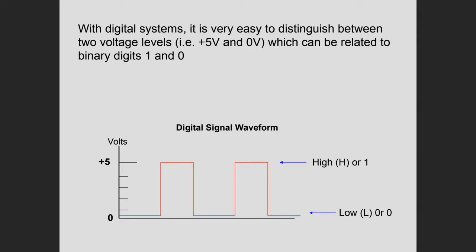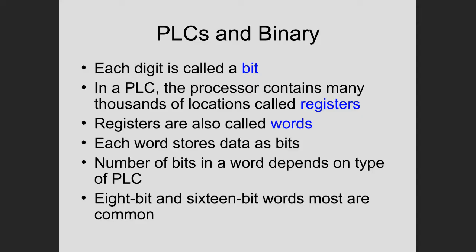This is an example of a waveform. So it's easy to represent a 1 or a 0 in binary using what we call two-state electronics, the presence or absence of a voltage. Another reason we want to use a binary number system is because of the easy representation of numbers using voltages.